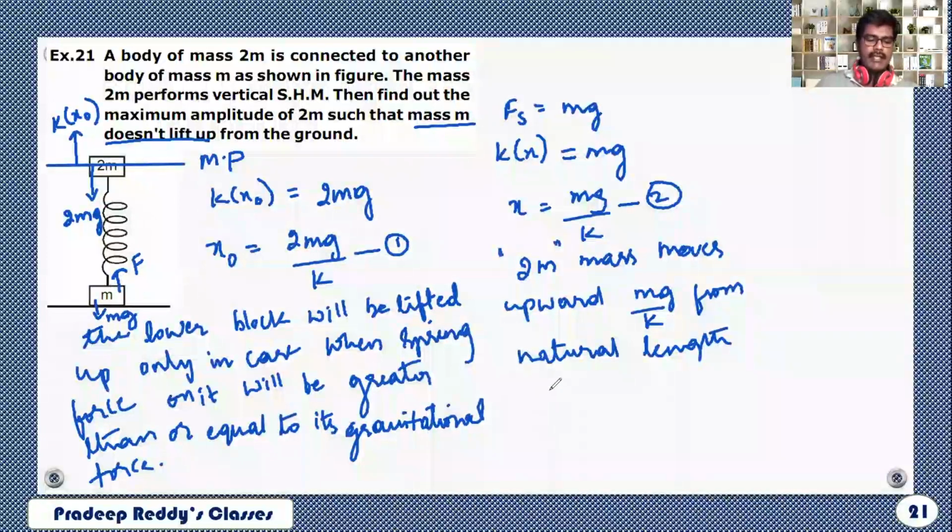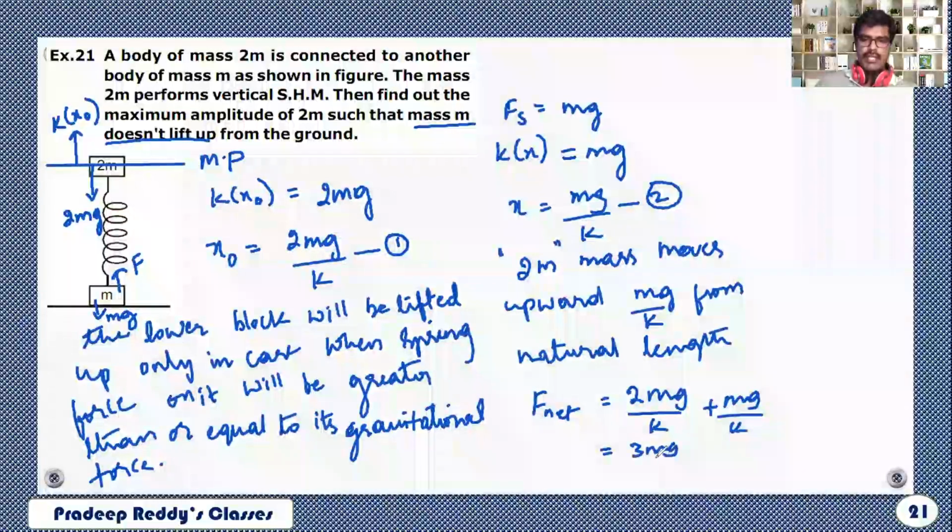So overall, I can now write F net can be equal to 2mg divided by k plus mg divided by k, which is equal to 3mg divided by k.